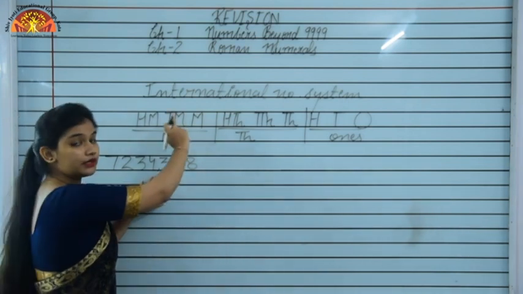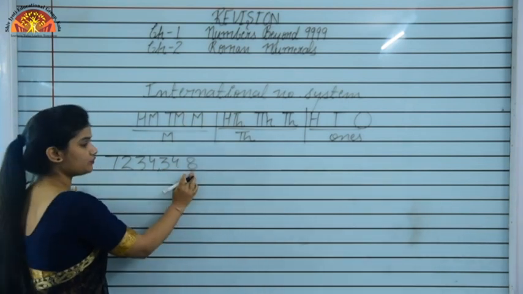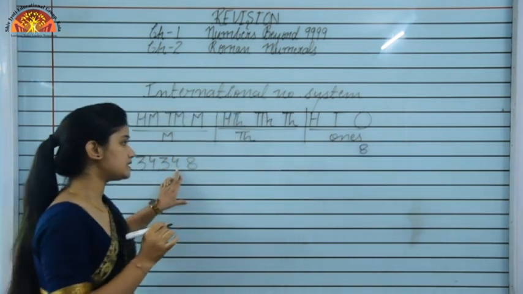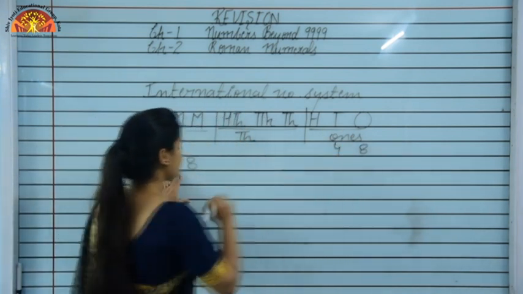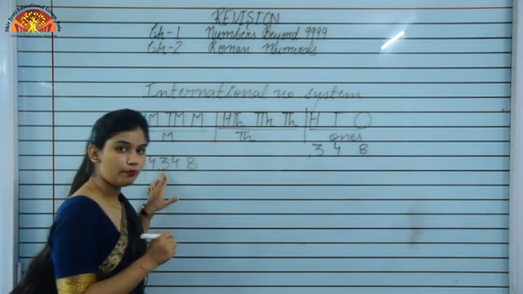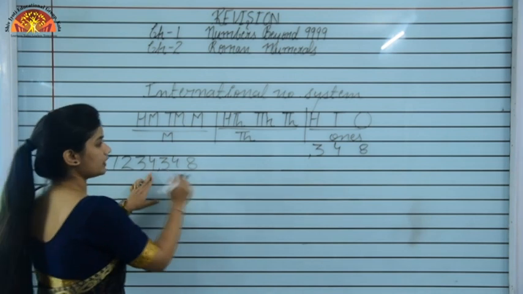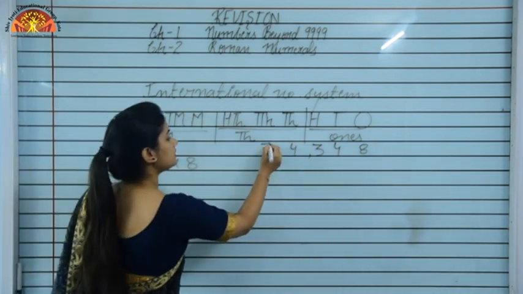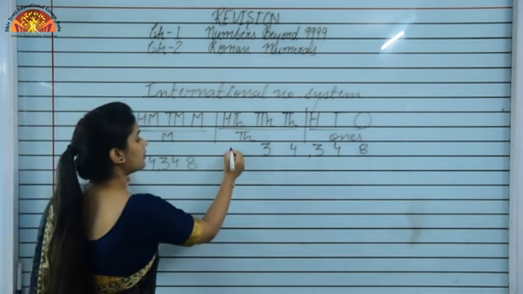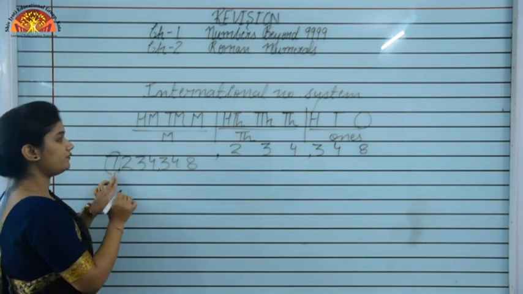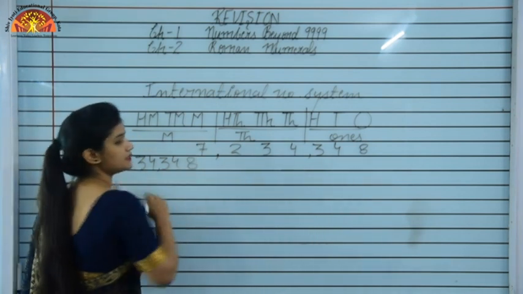So according to the international number system, the first digit will come at ones place, 8, the next digit will come at tens place, the next digit will come at hundreds place, then we'll put a comma, then the next digit will come at thousands place, then 10,000s place, then 100,000s place, then comma, then 7 will come at millions place.